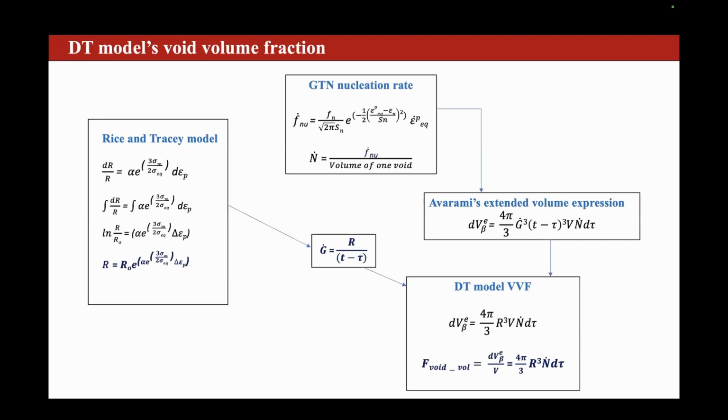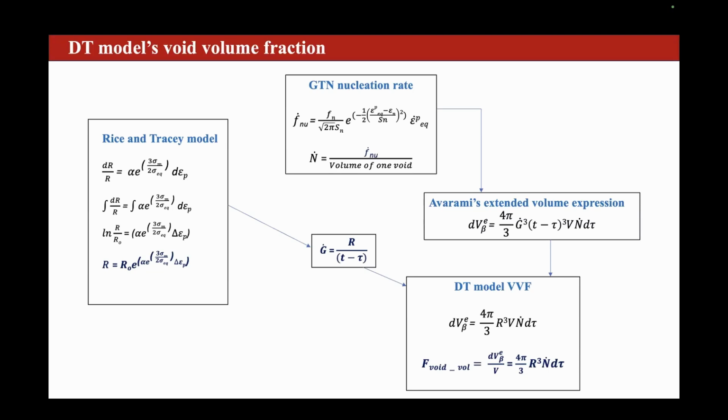So the approach was to take the growth velocity from the Rice and Tracy model and implement it into Avrami's model. But we also need to define nucleation, the number of nuclei occurring per unit time. So I used the nucleation rate from the GTN model and incorporated it to find the void volume fraction expression.